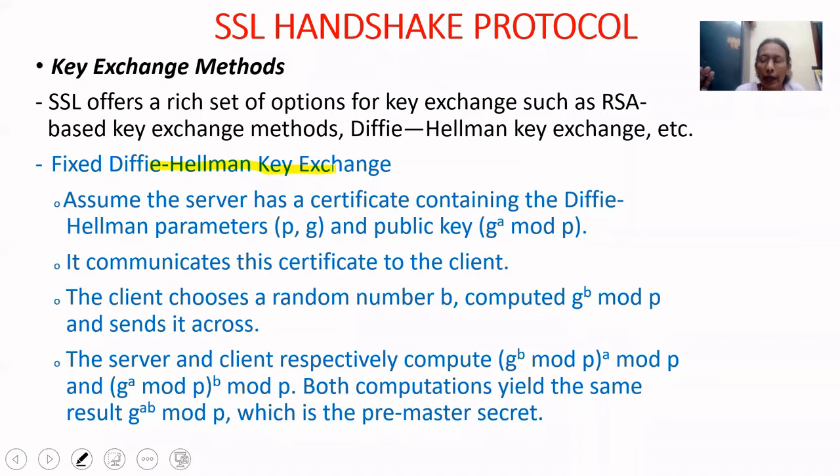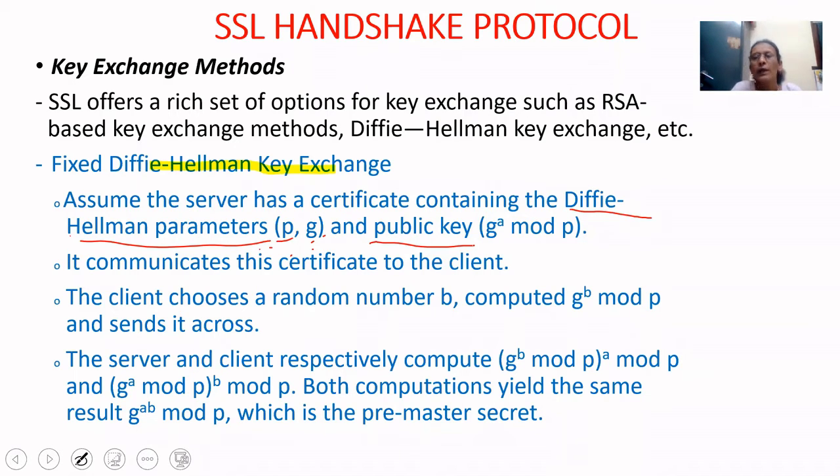Assume that the server has got the certificate. The certificate contains the Diffie-Hellman parameters. What are the Diffie-Hellman parameters? You need the prime number, that is P. You need the generator, that is G. The server also has a private key, that is A, which is known only to the server.